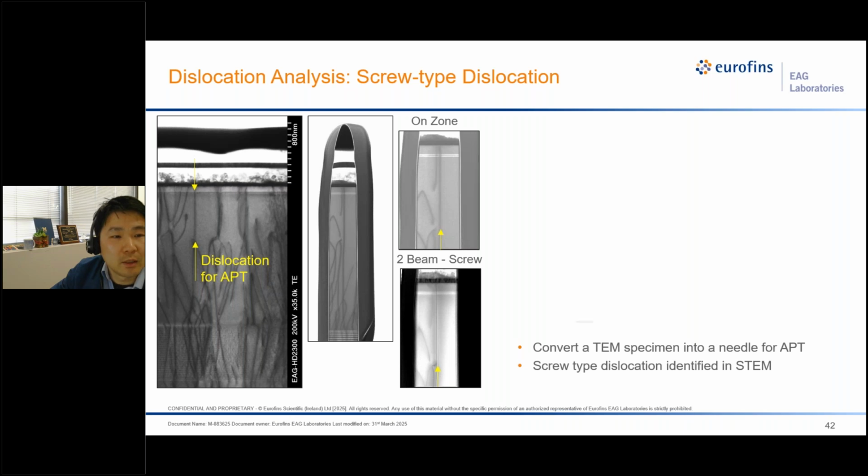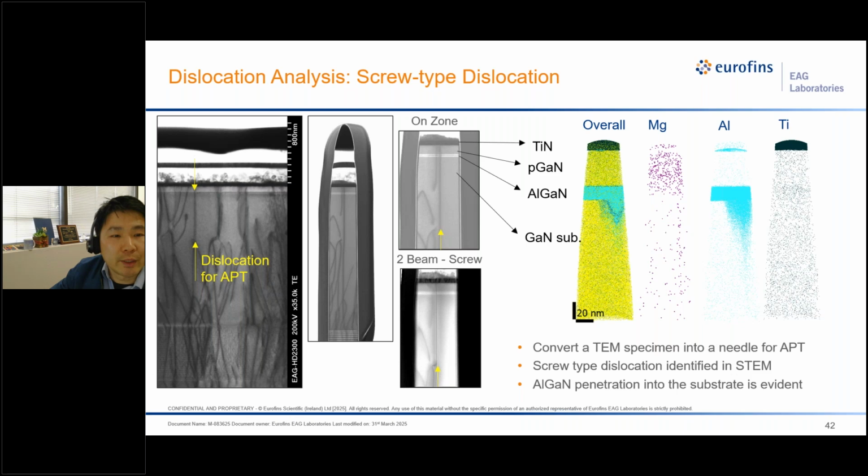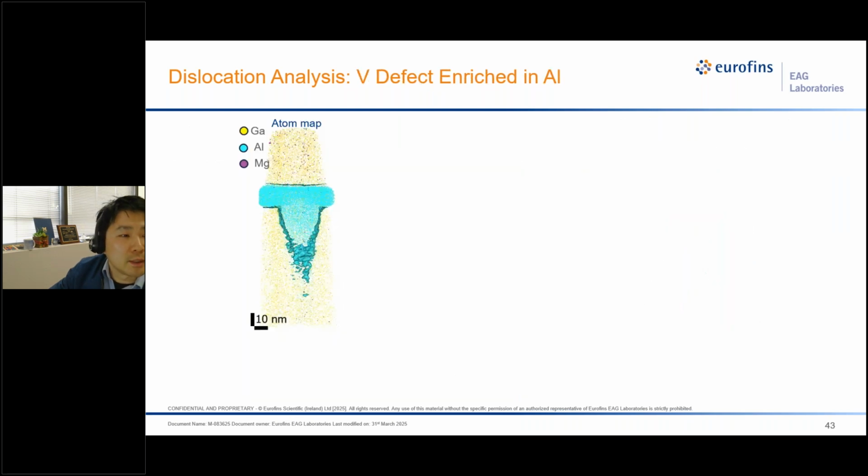And the Atom Probe data set was obtained from the dislocation, showing a distinctive difference on the bottom of the AlGaN. This is the slice view of the atom distribution. We show a V defect on the bottom of the AlGaN.